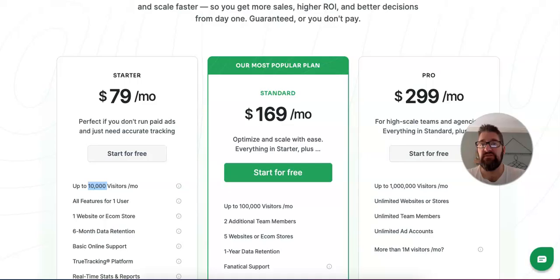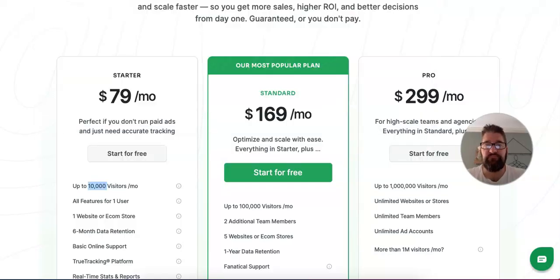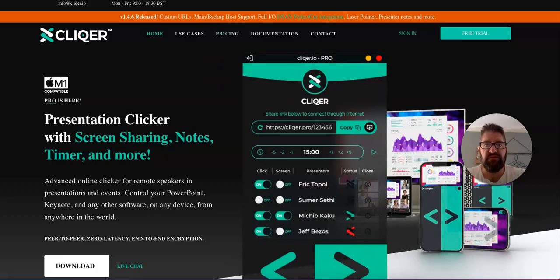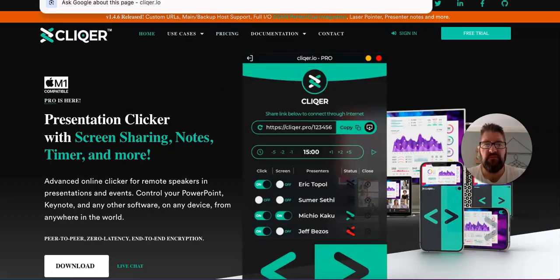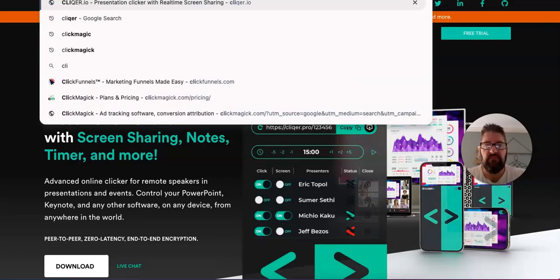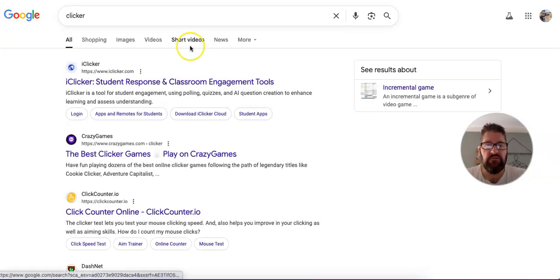I mean, craziness. And then the other one that a lot of people promote and use, I believe is Clicker. Yeah, here it is. Is Clicker. Oh no, this isn't it. Is it Clicker? Here it is.